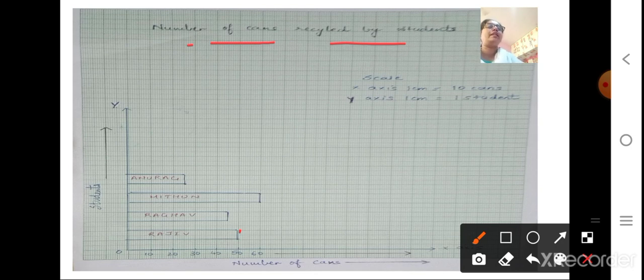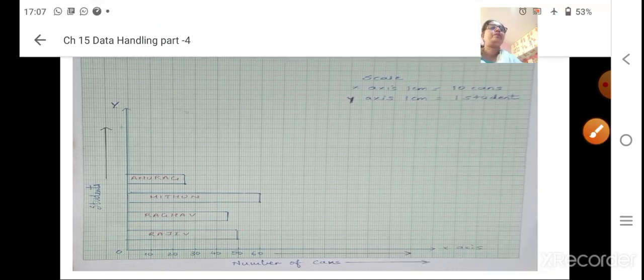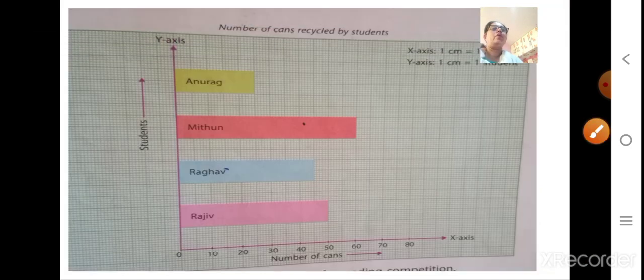The only difference is in the vertical, while drawing the vertical bar graph, your x-axis was labeled as students and y-axis was labeled as the number of cans. But for drawing the horizontal bar graph, x-axis will be labeled as number of cans and y-axis will be labeled as students. That is, we will interchange it. Okay, so this is how it will look after drawing the horizontal bar graph.